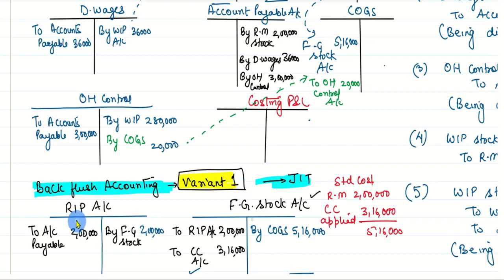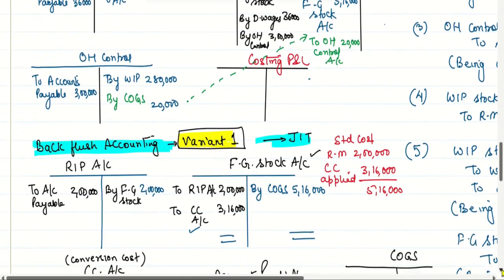Whatever you have learned, just remember that is backflush accounting. We will teach you another way of recording entries that is much easier than this system. I'm scrolling the page.